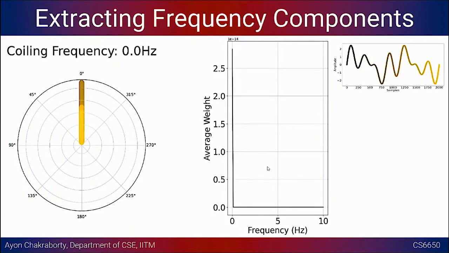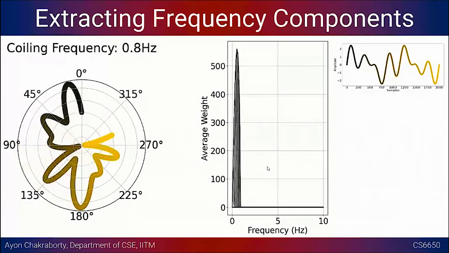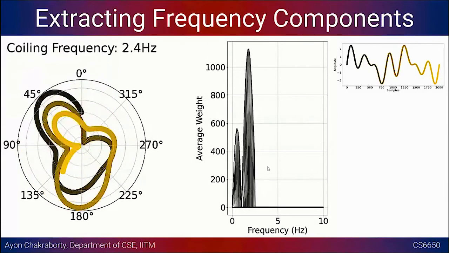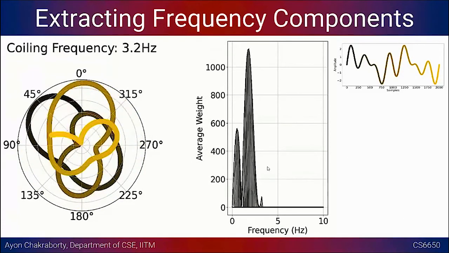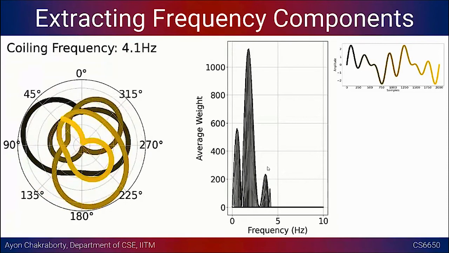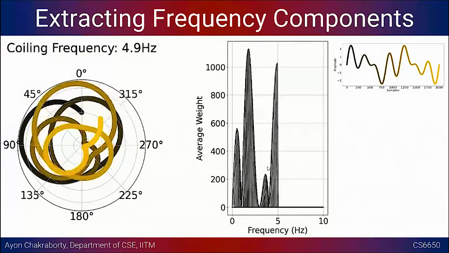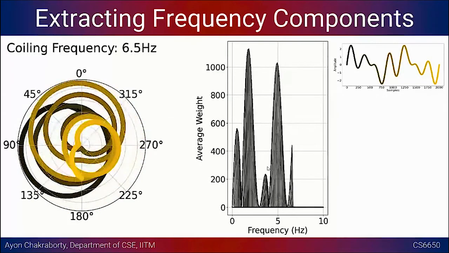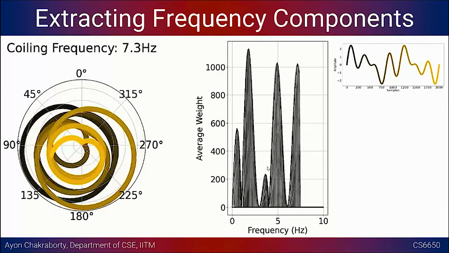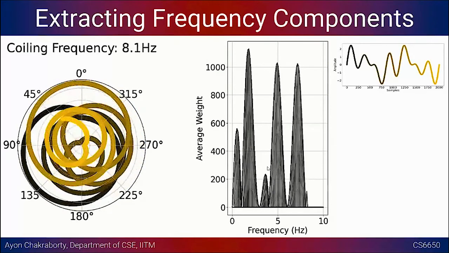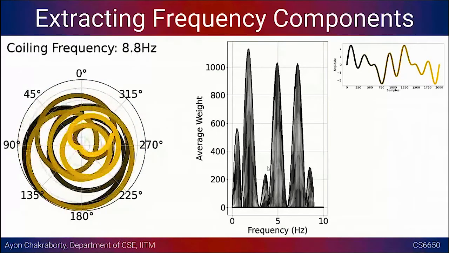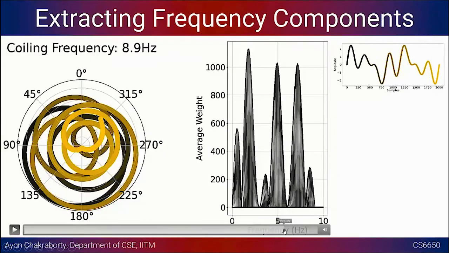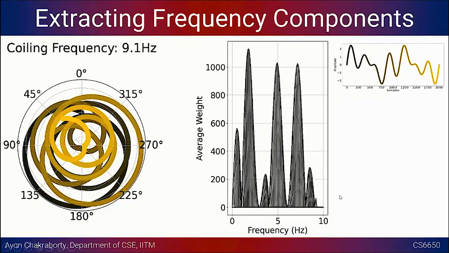Okay, so let's follow this, right? And on the x-axis, on the right hand side, I'm following the average weight. Okay, so I tried it till 10, but this gives you a pretty decent idea, right?